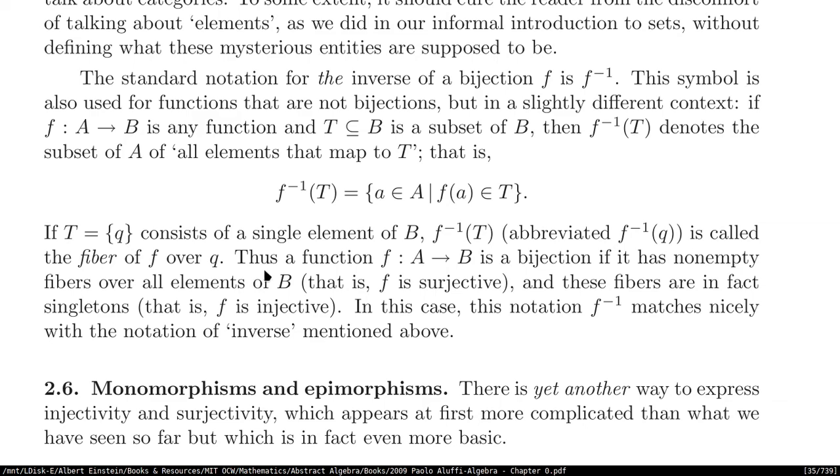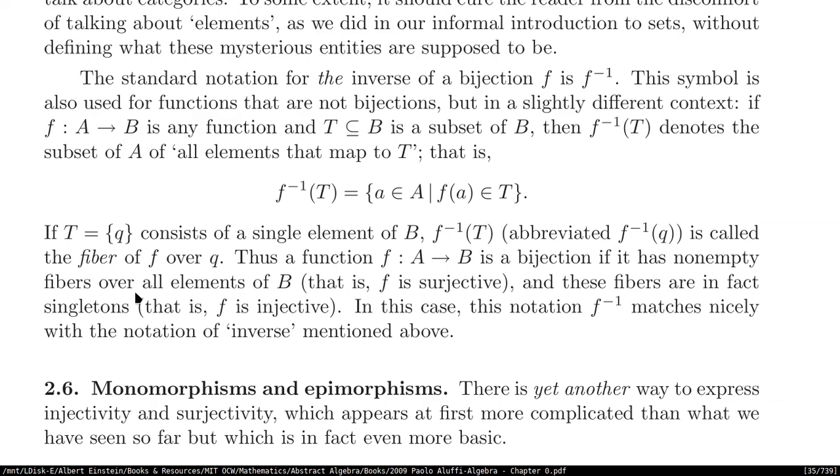If you think about this, for f to be a bijection, the fibers of all the elements of B, the preimages of all the elements of B, are always going to have something in them. That means something of A is mapped to each element of B, which is by definition surjectivity.